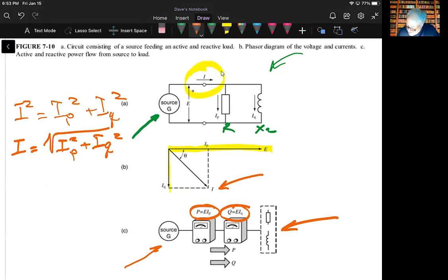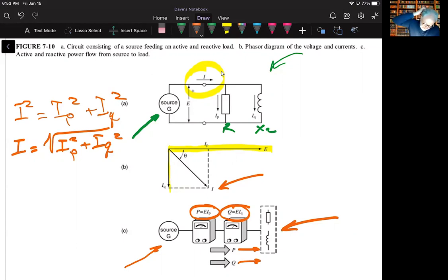For both of these, the load is a load for active power, and it's a load for reactive power, because we're seeing the power flow going from the source to the loads, in the same direction. The active power is E times I sub P, these are effective values, and here is the reactive power, which is E times I sub Q.